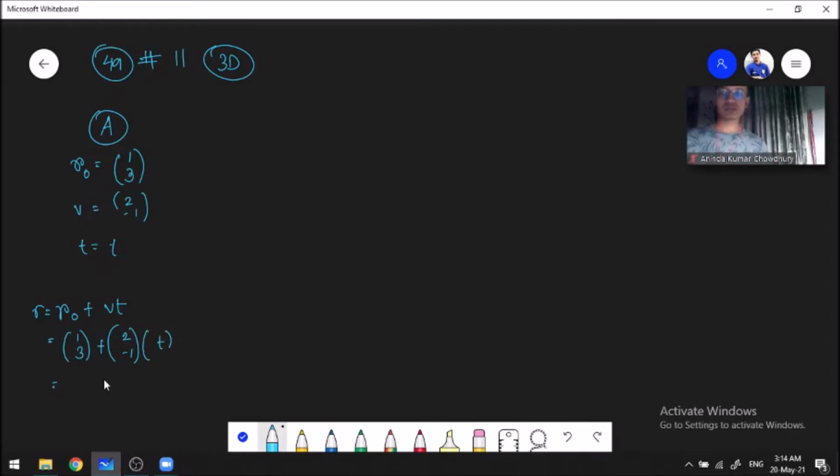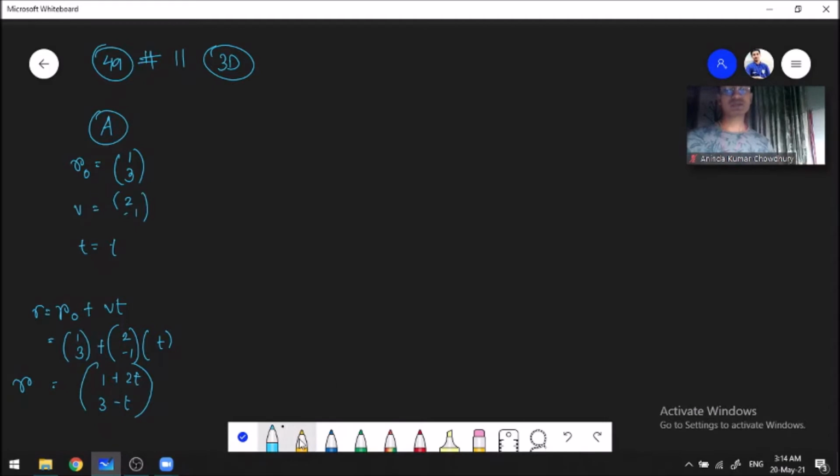Okay, so (1 + 2t, 3 - t). So basically this is a general expression for the position vector of A after time t hours. So if you want to know the position vector of A after 2 hours, you input 2 in place of t and you get the final position vector of A after 2 hours.